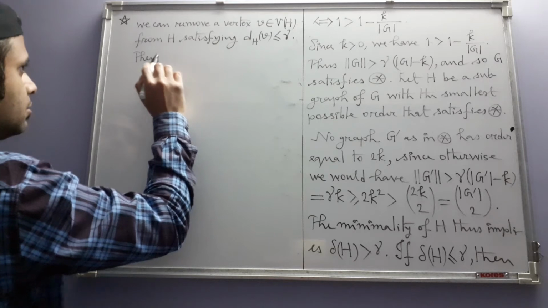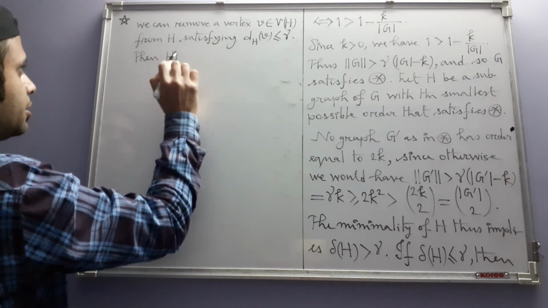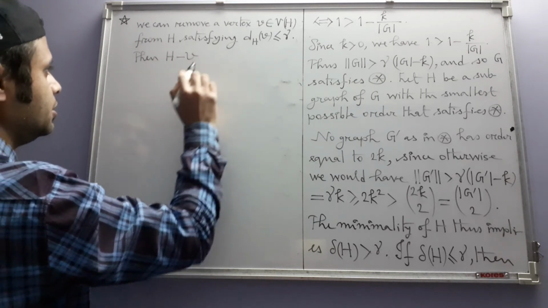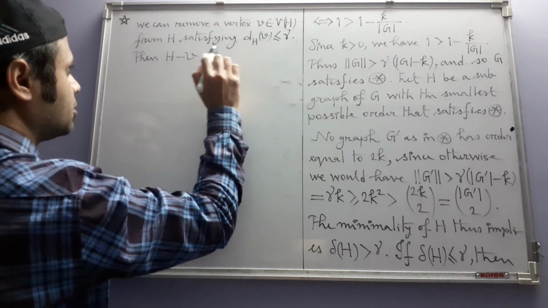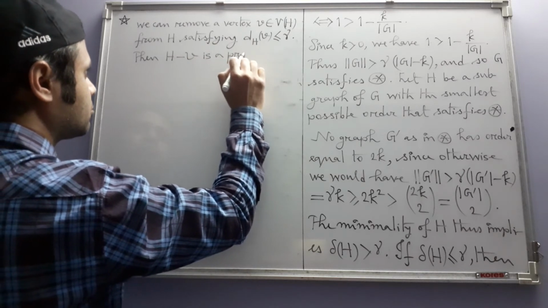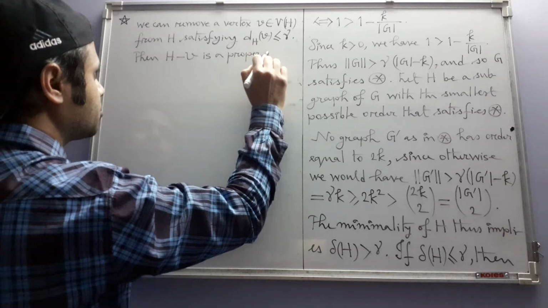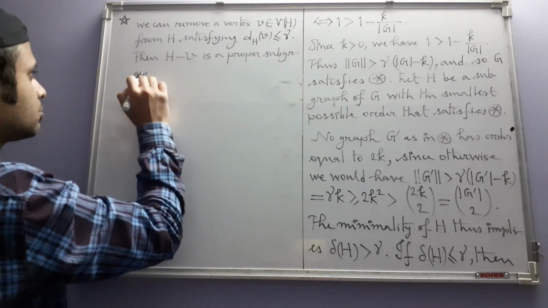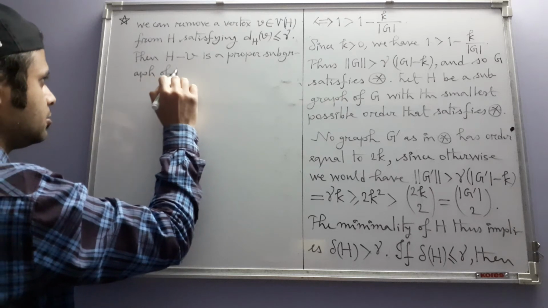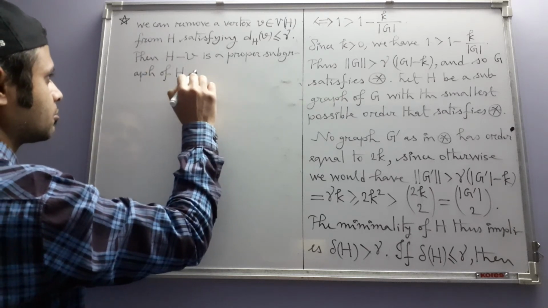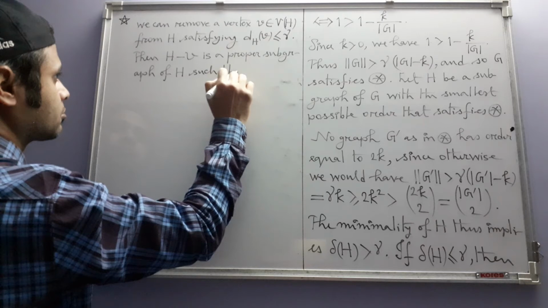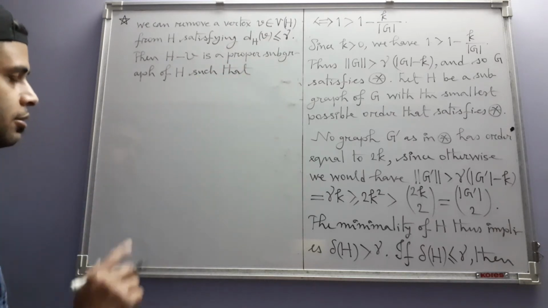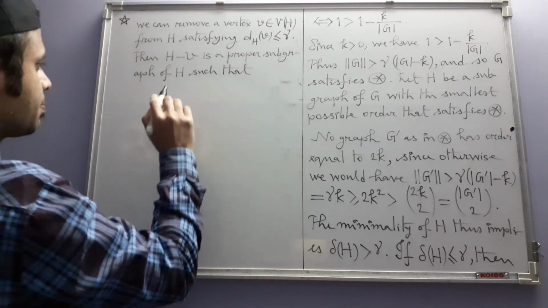But then what happens? Then H minus V is a proper subgraph of H such that two things will happen.